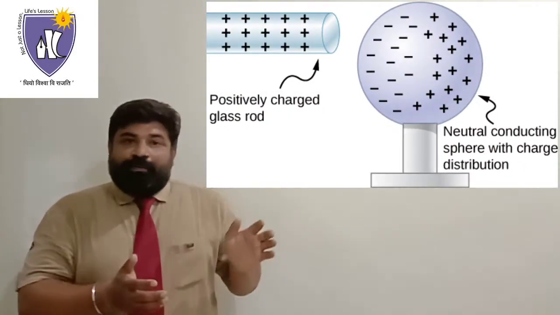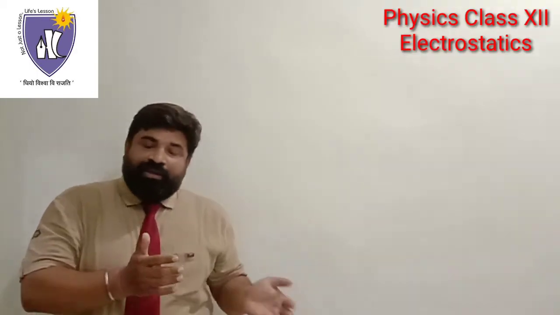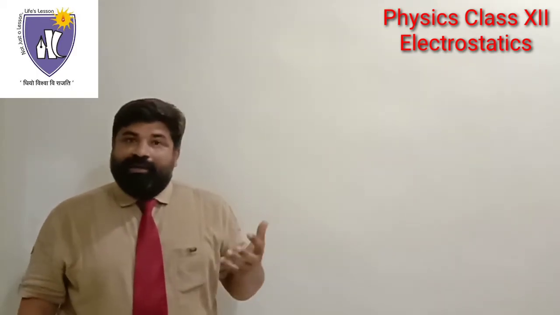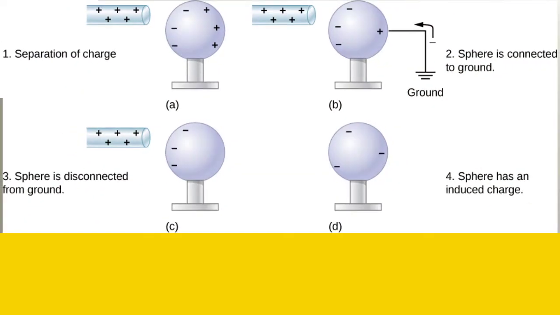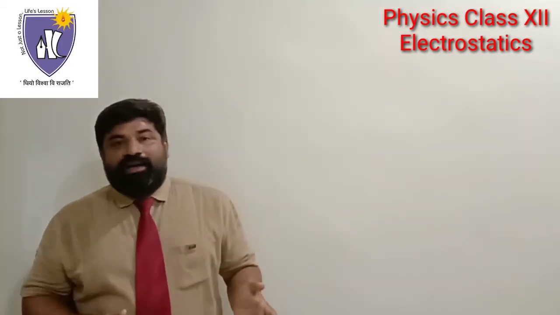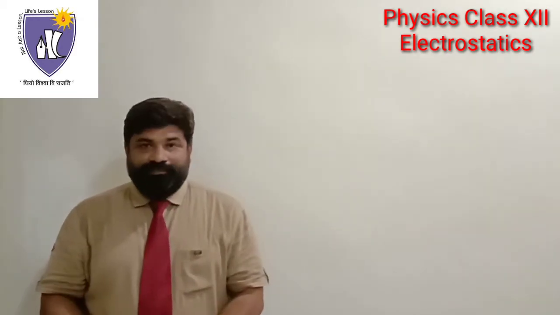The like charges repel and move to the other surface of the sphere. And if we connect the sphere with the earth, then the charge will flow to the earth. Then the body will be negatively charged because the electrons will be attracted by that positively charged glass rod. In this way, we can charge the uncharged sphere.